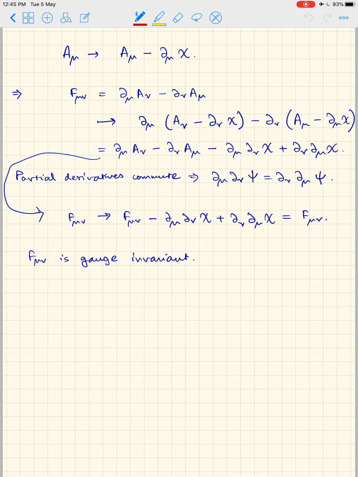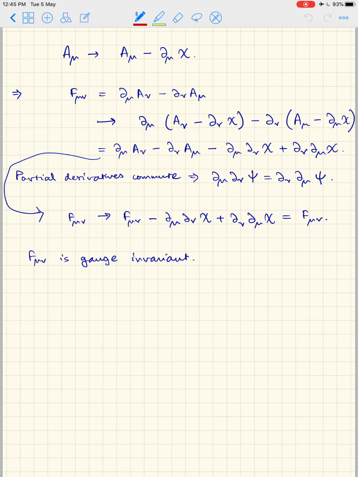And lastly, what we tried to impress on you is that since F is made up of electric and magnetic fields, this has to be gauge invariant, and we actually tried to do that. We looked at the gauge invariance and wrote it down explicitly here, and we imposed the fact that partial derivatives commute, so that del mu del nu of psi equals del nu del mu of psi, and that just meant that F mu nu is gauge invariant.